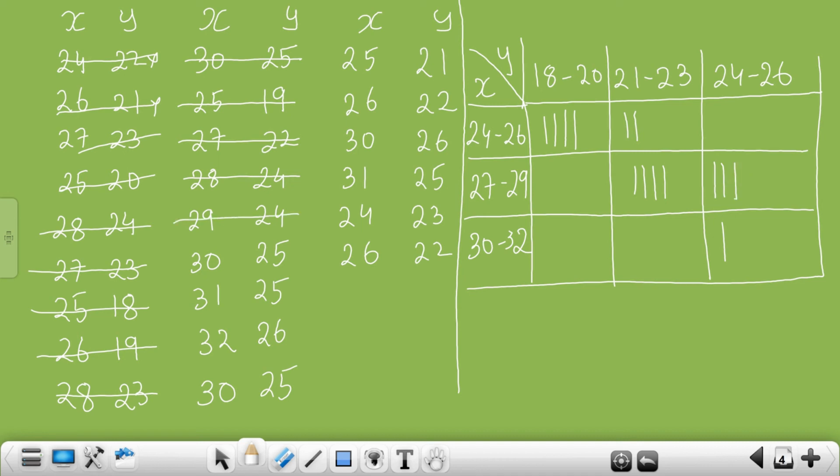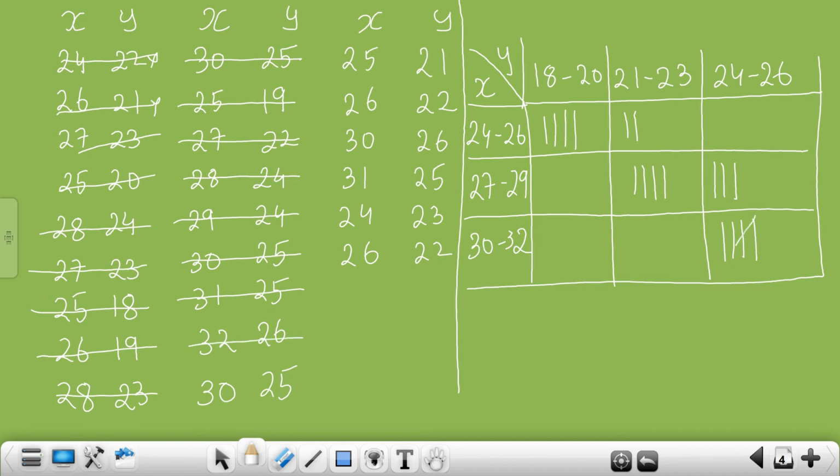Okay, next x is 30 and y is 25. Okay, next is x is 31 and y is 25. So x is 32, y is 26.